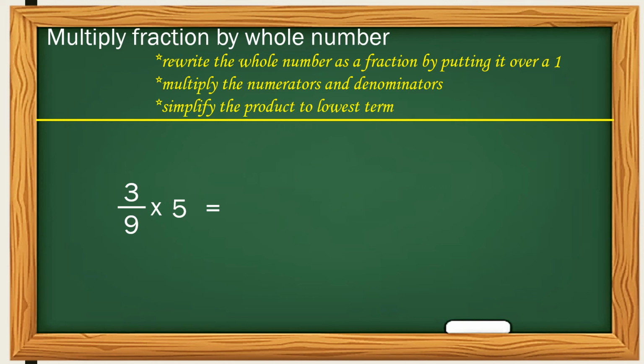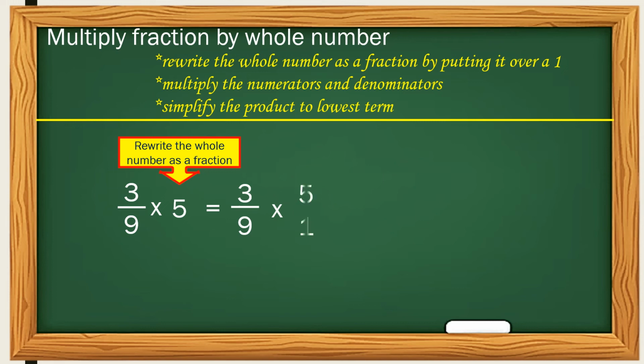So, kopyahin muna natin ang 3 over 9 times, gawin natin ngayon is rewrite the whole number as a fraction, gaya ng ginawa natin kanina, sa 5 over 1. And then, proceed to next step. So, let us multiply the numerator and the denominator. So, 3 times 5 and 9 times 1 is equal to 15 over 9.